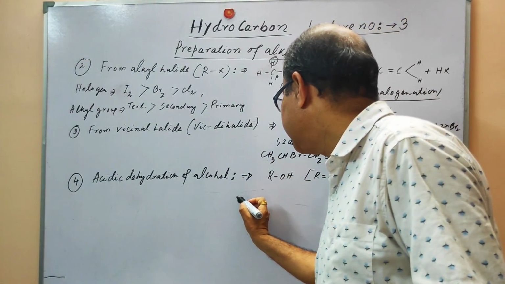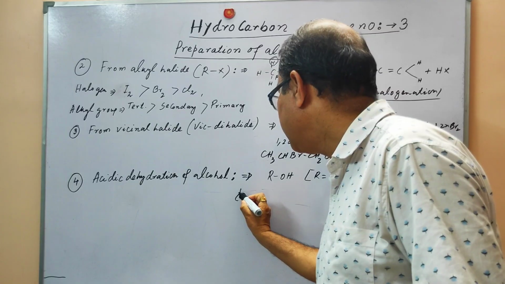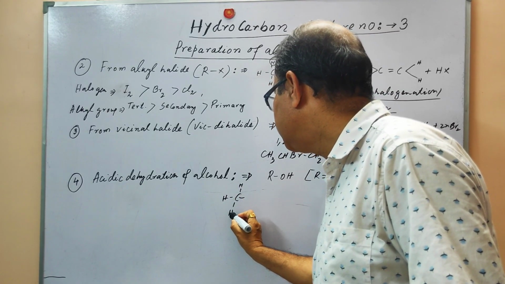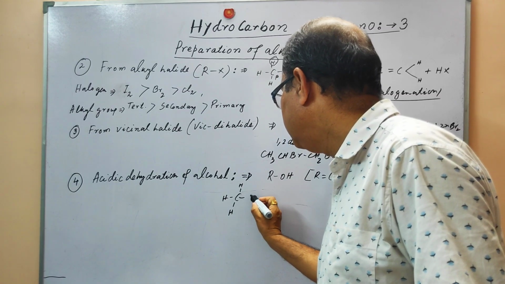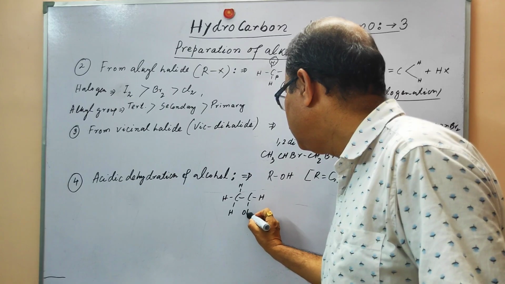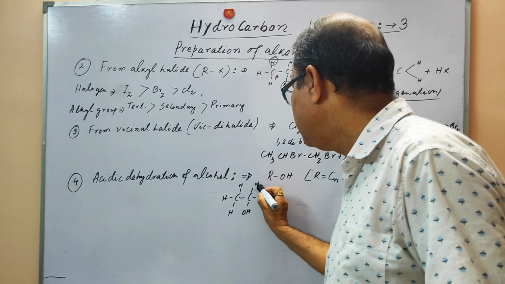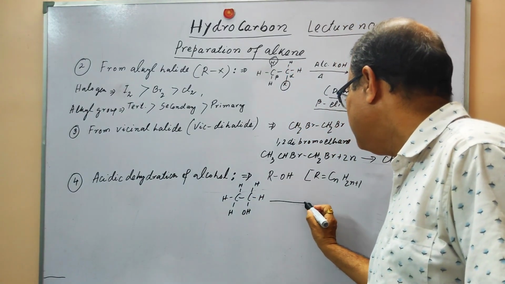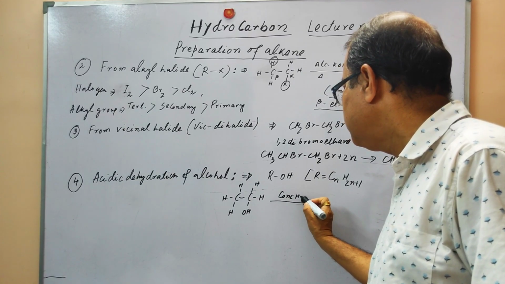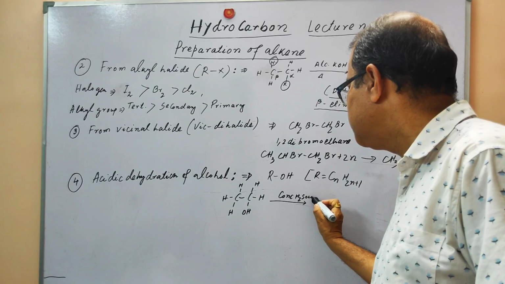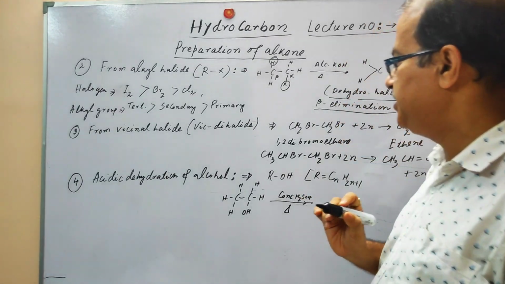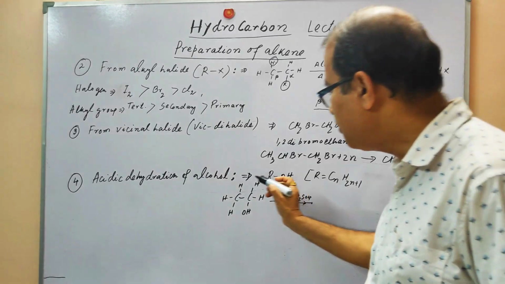As for example, we are taking ethyl alcohol, suppose. This is ethyl alcohol. When this ethyl alcohol is treated with concentrated H2SO4, or you can use concentrated H3PO4, and you heat it, what is going to happen?